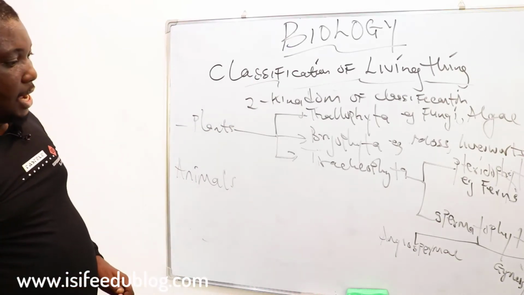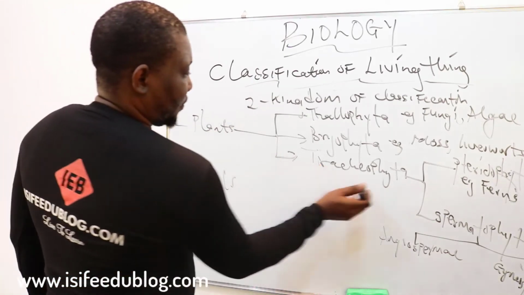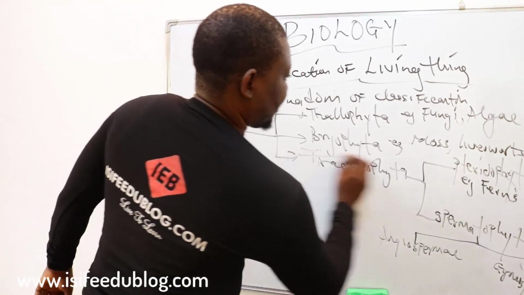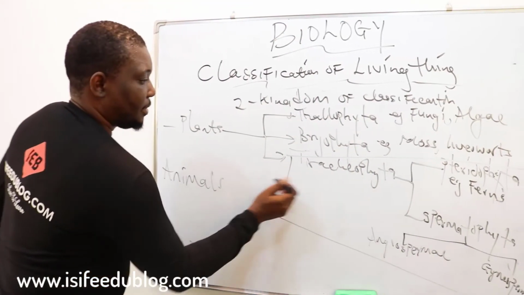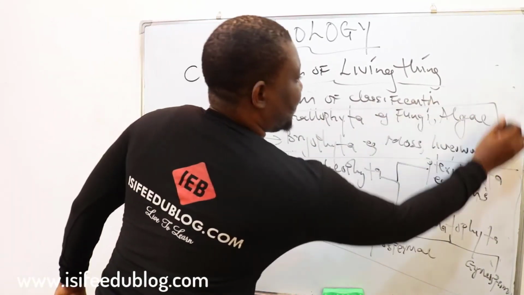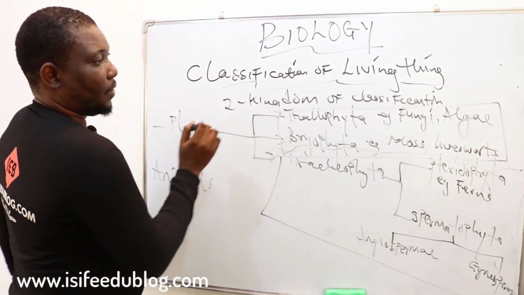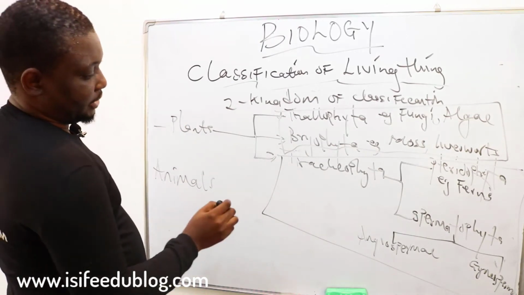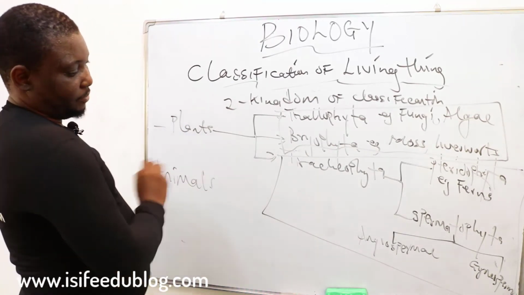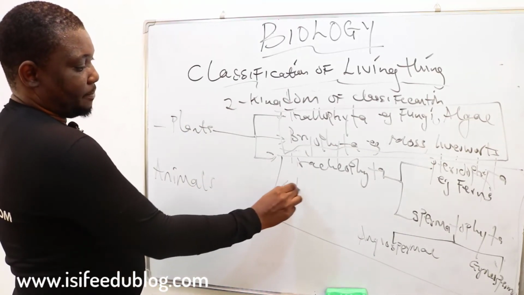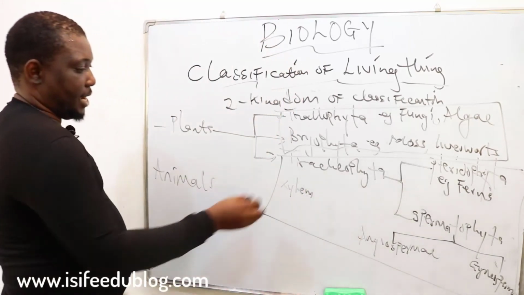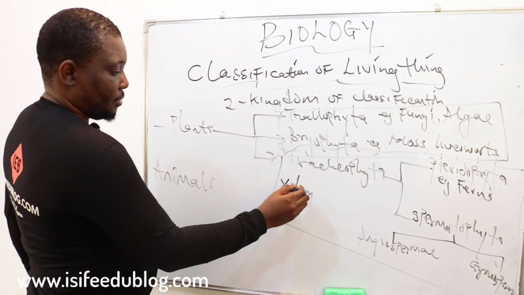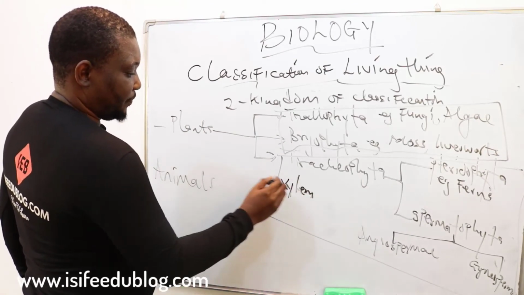All right, and these are vascular plants. We call them vascular plants. But these are non-vascular plants. What I mean by vascular plants are plants with vascular systems, plants that have a xylem, vessel, and phloem.